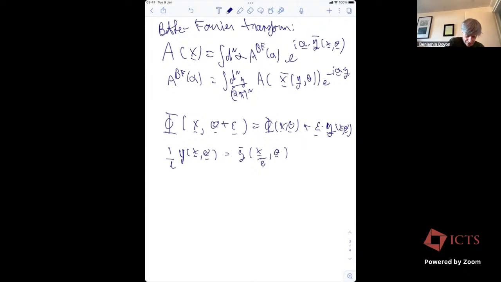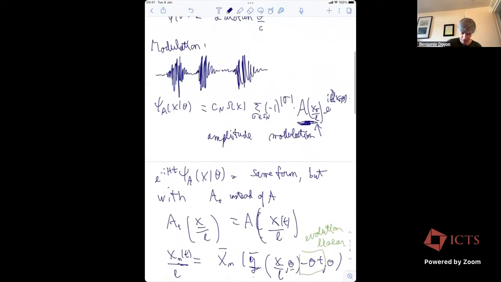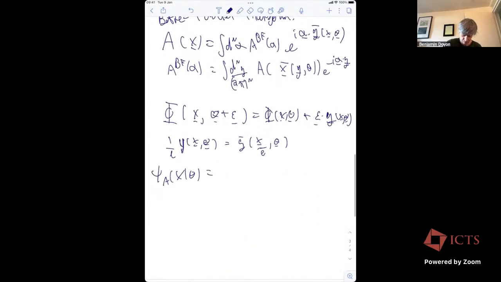So we write psi A of x knowing theta, with all these C, N, S, all that stuff, and I'm not going to write it. Then there's an amplitude, which I was writing A of x over L, and then there's e to the I phi of x and theta.